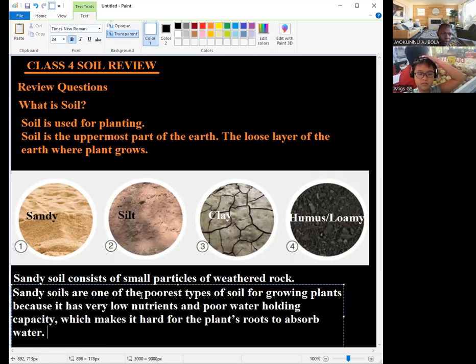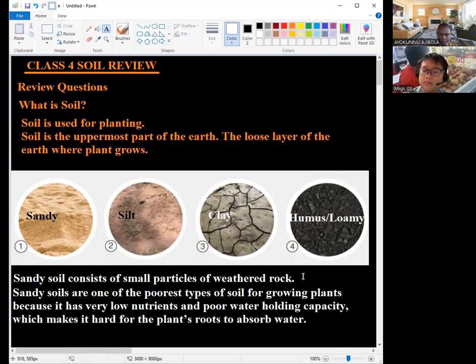So it's one of the poorest types of soil for growing plants. Because it has low nutrients and poor water holding capacity, it does not retain much water, and plants need water to grow.